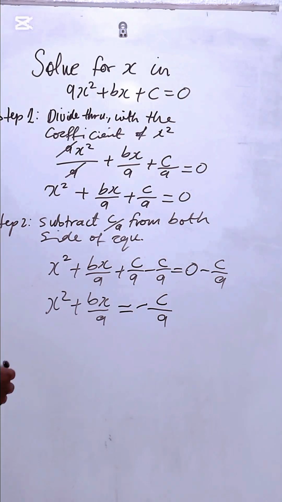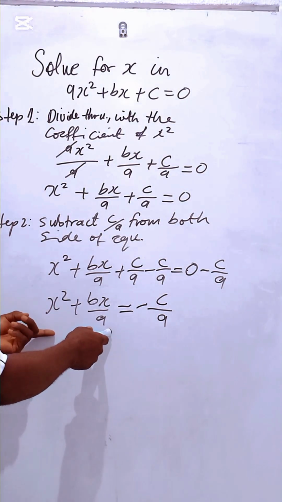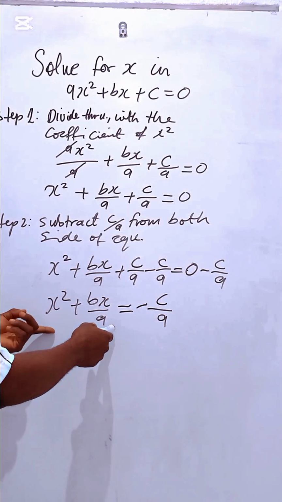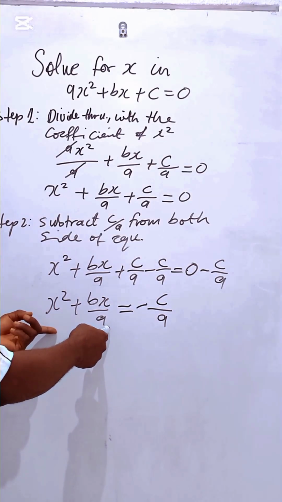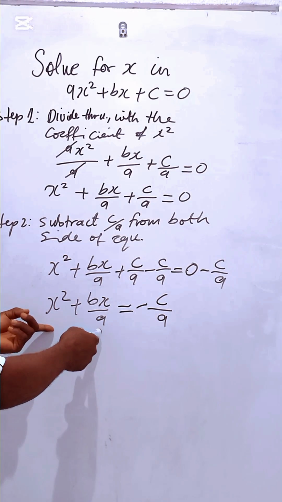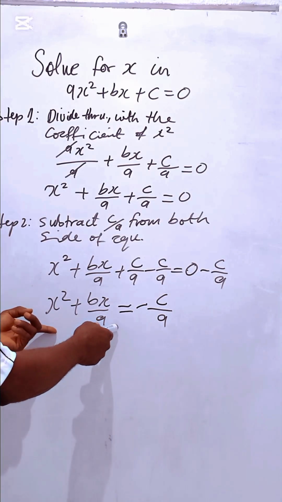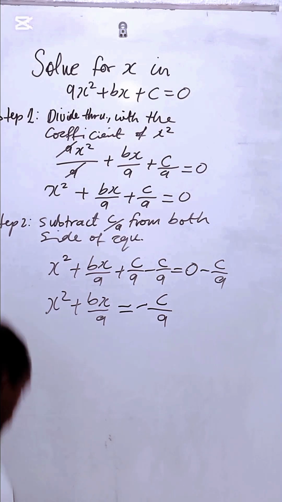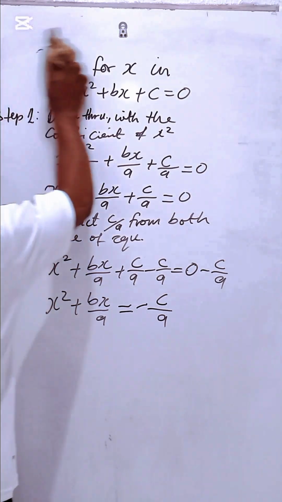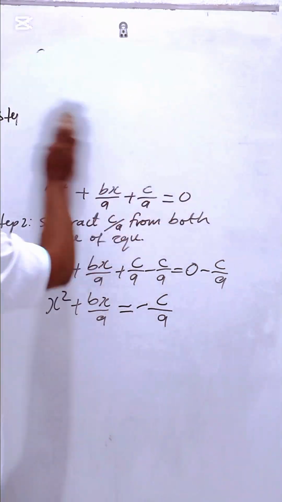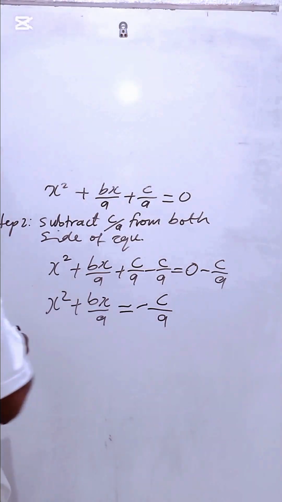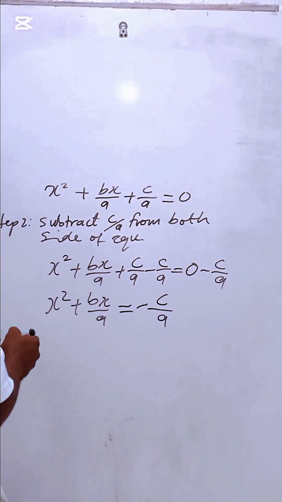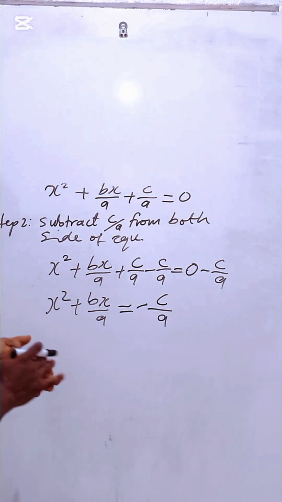The next step is to make this expression a perfect square. So we are going to complete the square. We'll add a value here that will make this a perfect square. So what is a perfect square? A perfect square is a value that is derived when another number multiplies itself.